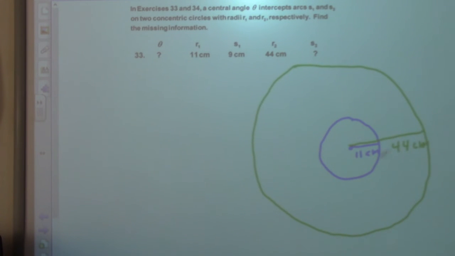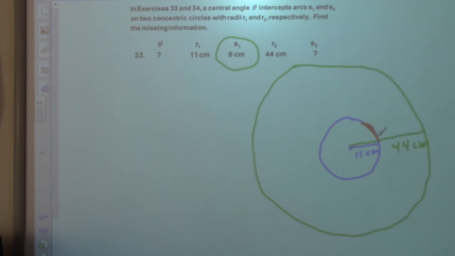So I didn't draw it exactly to scale, but you can see what's happening, right? And then it says for a central angle, we have theta. We don't know, but what do we know else? We know what s1 is, right? What's s1? 9 centimeters. So I'm going to take red and draw an arc here.